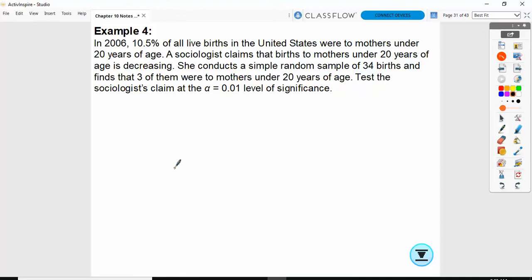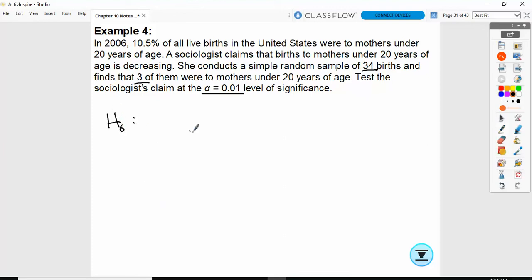So when I look at this one: in 2006, 10.5% of all live births in the United States were to mothers under 20 years of age. A sociologist claims that births to mothers under 20 years of age is decreasing. She conducts a random sample of 34 births and finds that 3 of them were to mothers under the age of 20. Test it at the alpha equals 0.01 level.